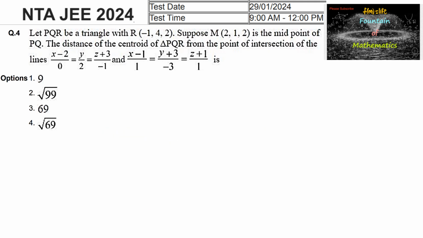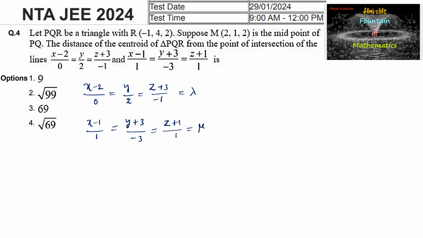Let's find the point of intersection of the two lines. (x minus 2) upon 0 is equal to y upon 2 is equal to (z plus 3) upon minus 1, say equal to lambda, and (x minus 1) upon 1 is equal to (y plus 3) upon minus 3 is equal to (z plus 1) upon 1, say equal to mu. Here x minus 2 upon 0 is equal to lambda, so we get x is equal to 0 into lambda plus 2, so 2, and y is equal to 2 lambda, and z is equal to minus lambda minus 3.